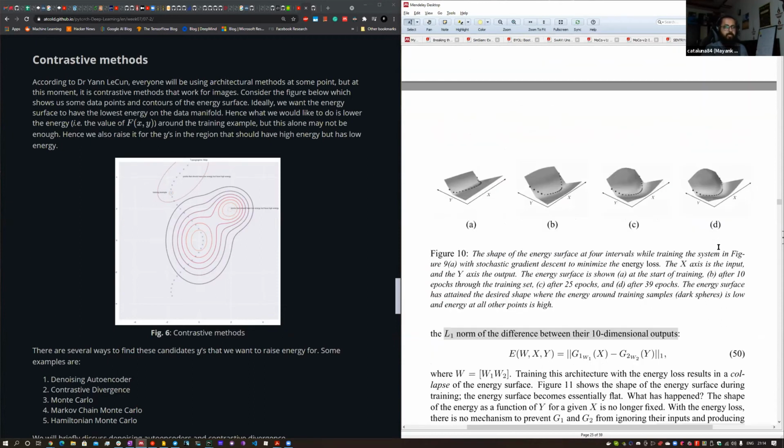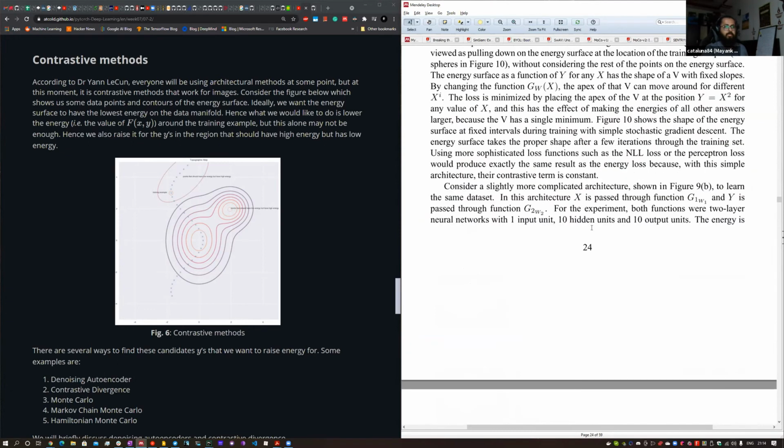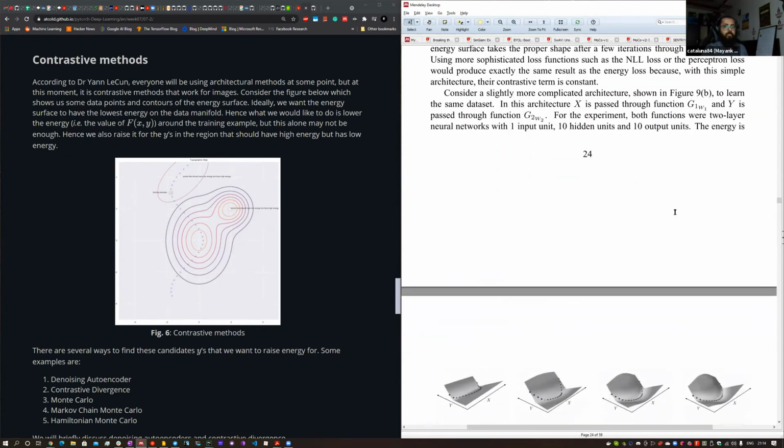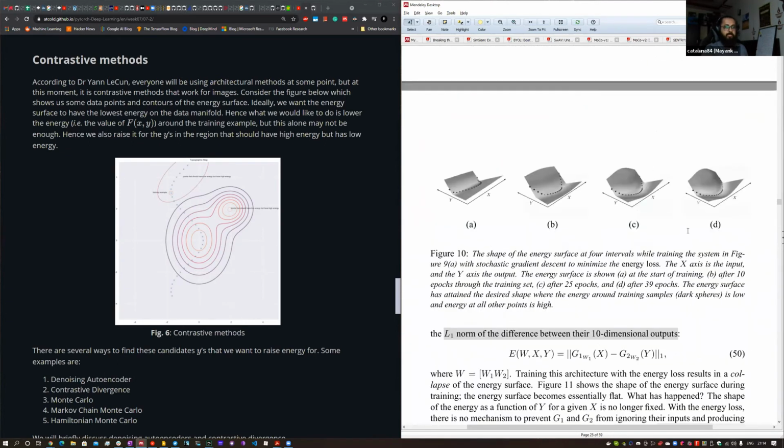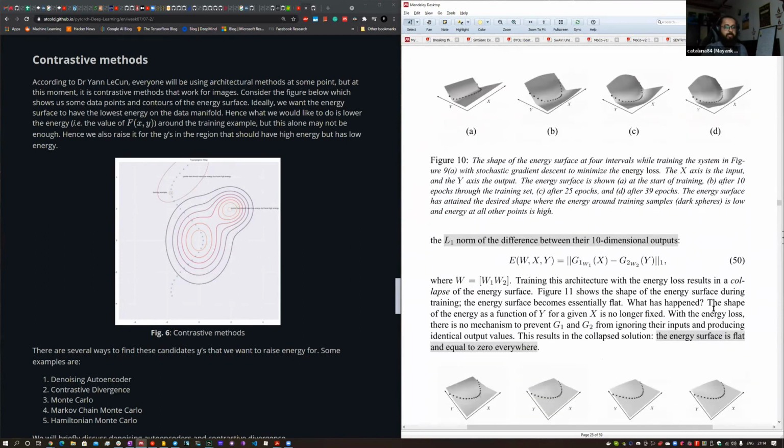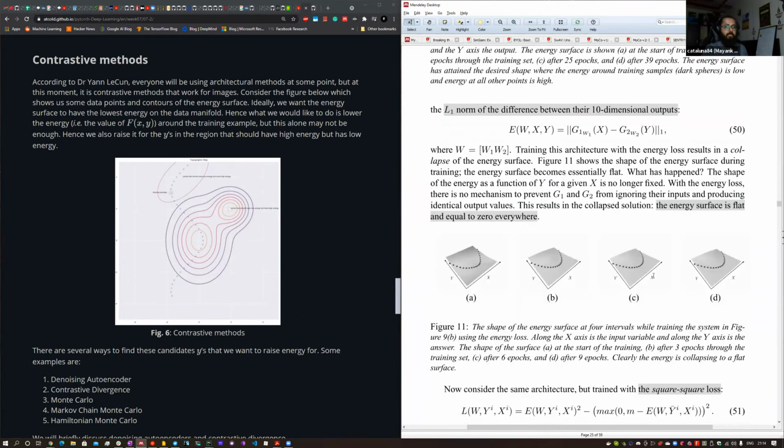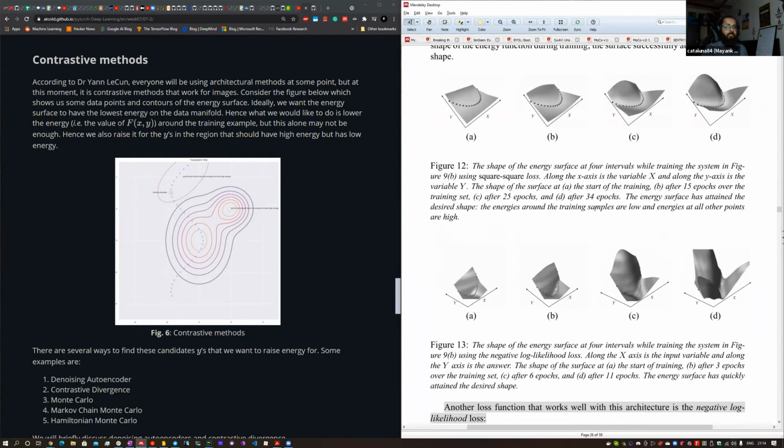I think they have taken a 10-dimensional output unit, with respect to the example here. But yes, this is the reshaping of all the epochs and the energy points.